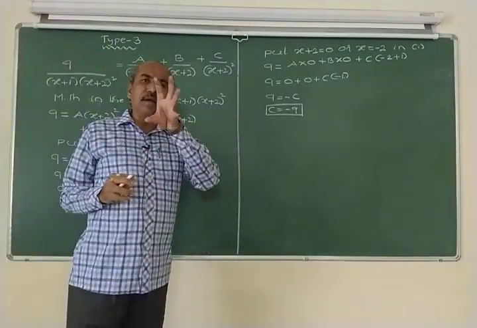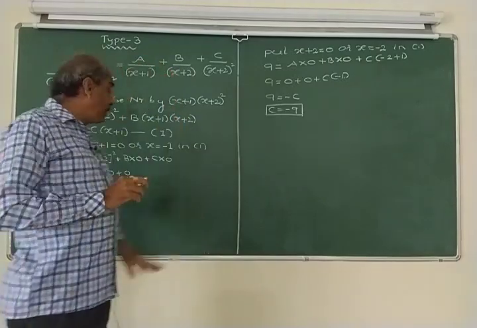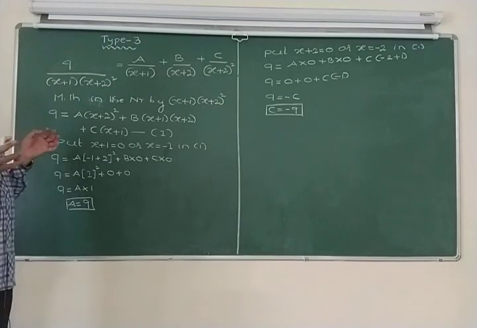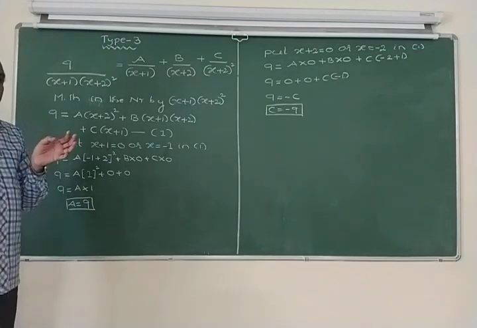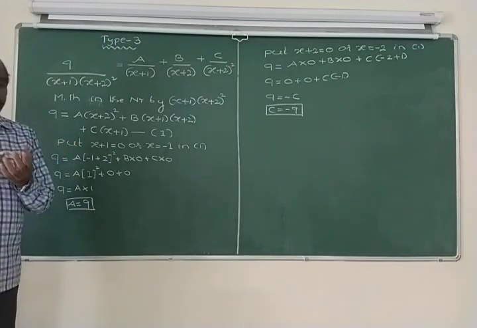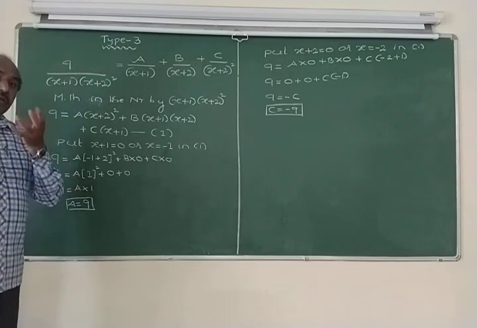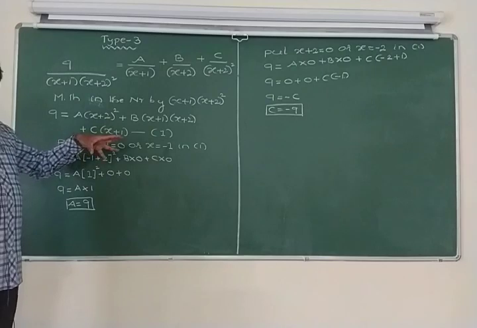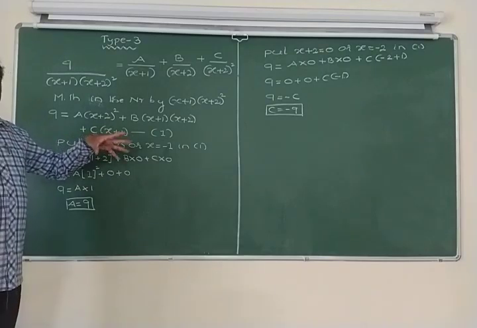The value of a you know, the value of c you know. Now we have to find out b. For this you observe, already we have taken the two linear factors. One is x plus 1 I took, another one is x plus 2 I took. Now you do not have any linear factors left.